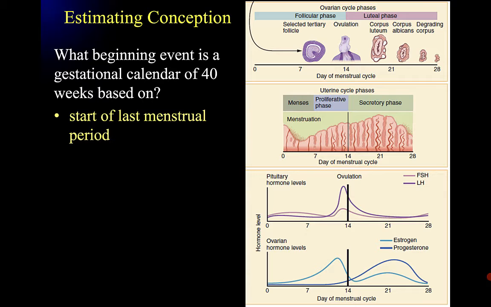And if we take a look at this, we can see that as we follow hormone levels, we can take a look here at the ovulation occurring at about day 14. Now, we can think about this as far as the menstrual cycle as well, whether we're looking at the pituitary gland being affected here by things that are going to be released by the hypothalamus, and then the pituitary then affecting the ovary, or if we're looking directly at the ovary here, we're going to see the same thing at day 14.